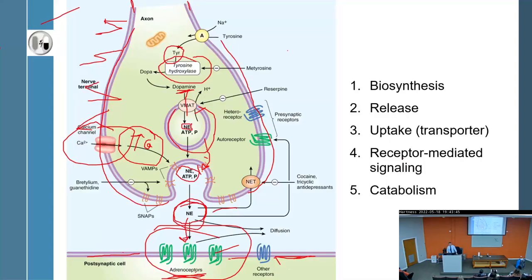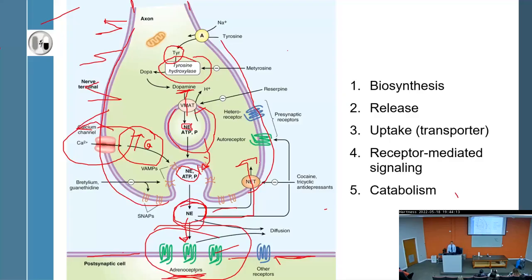That is released there, can bind the receptors and produce an action in the postsynaptic cell. Right? And then the synaptic transmission continues. That's one possibility. The other possibility is that they can be subject to reuptake, taken back into the terminal.